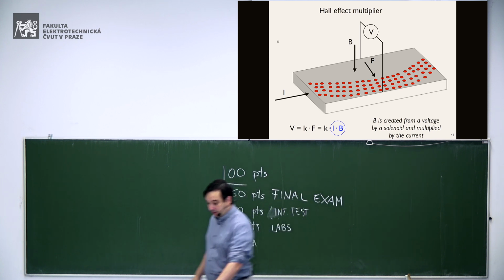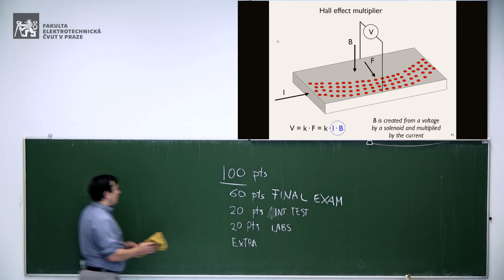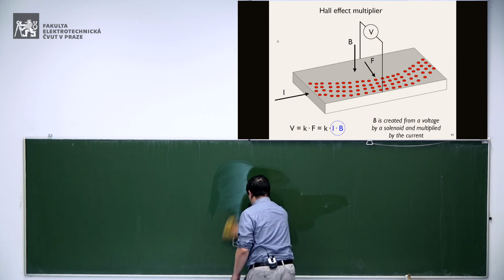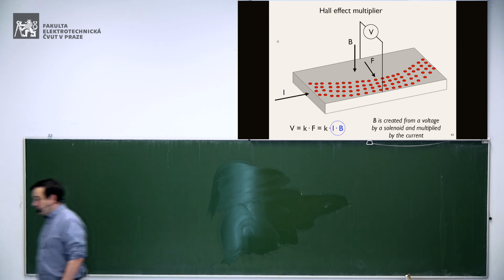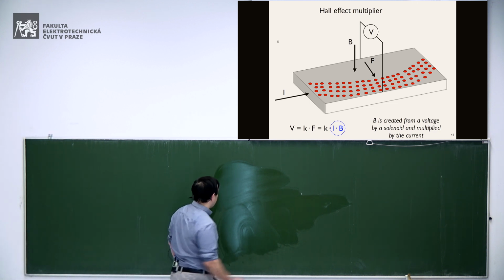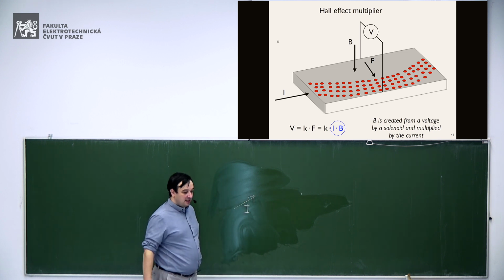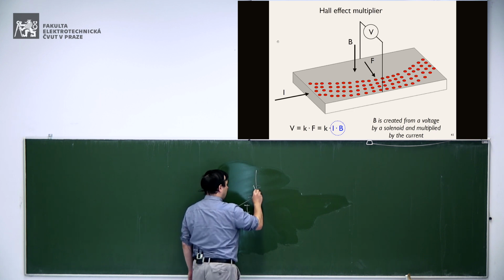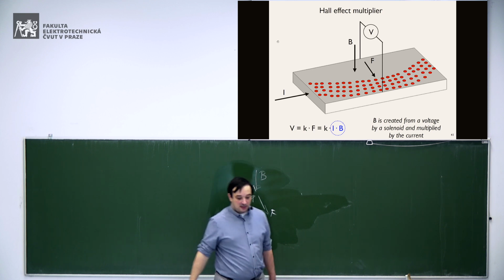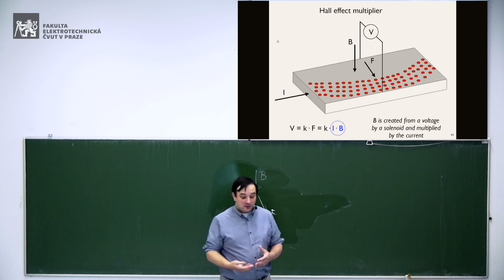That's a very old physical effect, which was discovered a long time ago, and is based on the fact that if you have an electric charge moving in a magnetic field, so for instance, you have a current here, which moves in a magnetic field, you have your magnetic field, and the current experiences some force.